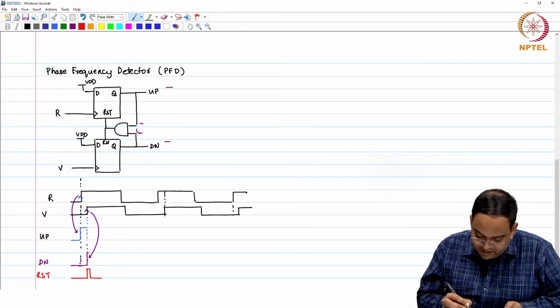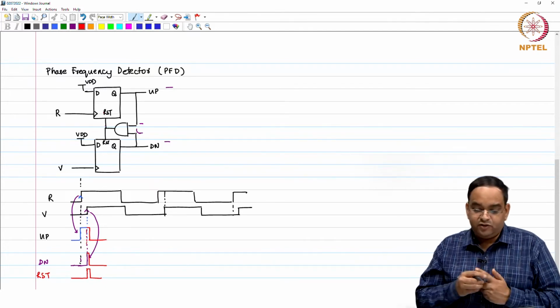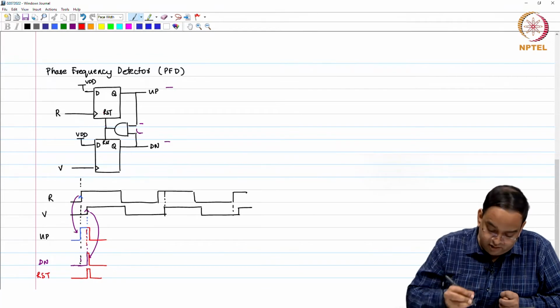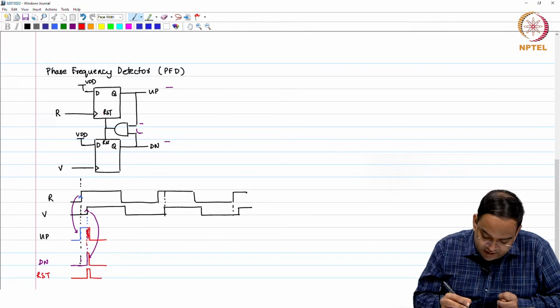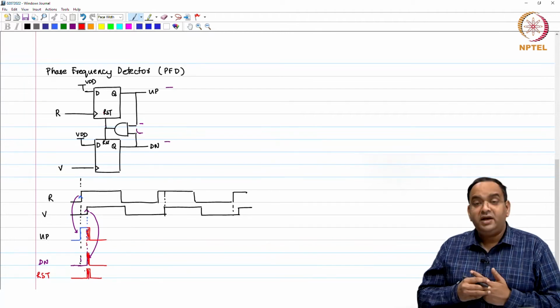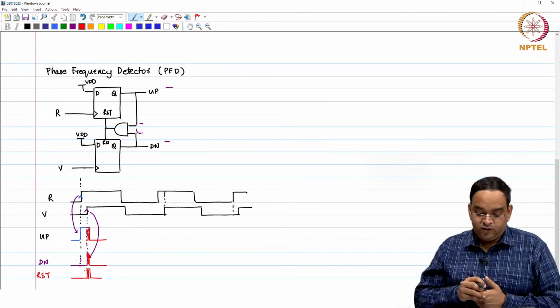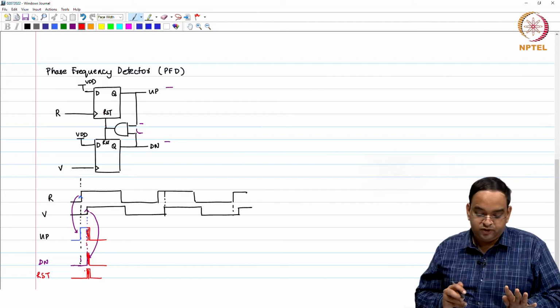So, within this time you can see that your down signal will go low, and your up signal will also go low. Right now this particular delay is very small, you can just neglect it. I deliberately did not make it so that down remains low and up also comes low.